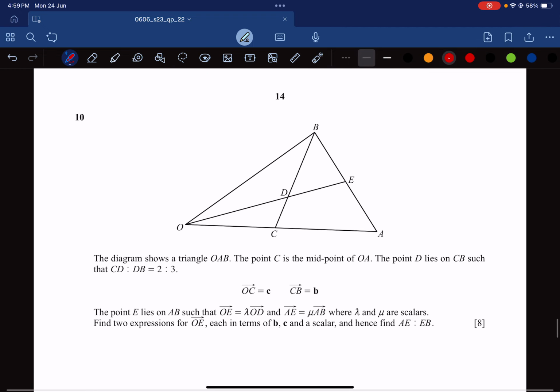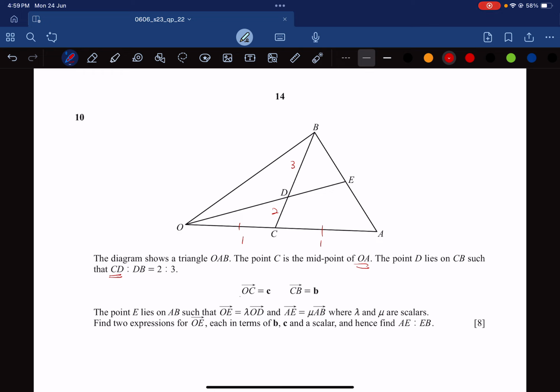Number 10, the diagram shows a triangle OAB. The point C is the midpoint of OA, so this equals this, right? The ratio is 1 to 1. The point D lies on CB such that CD to DB is 2 to 3, okay.